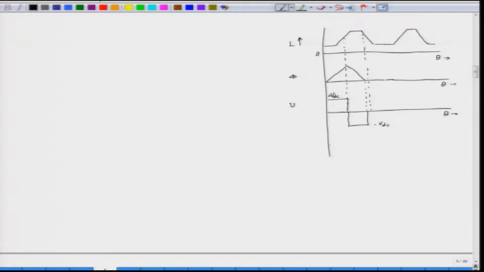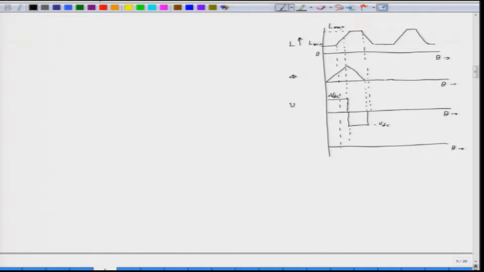So, let us plot the current here. If you plot the current, it will be like this. This is our inductance which is rising. When the inductance is low, this is L minimum, and this is L maximum.